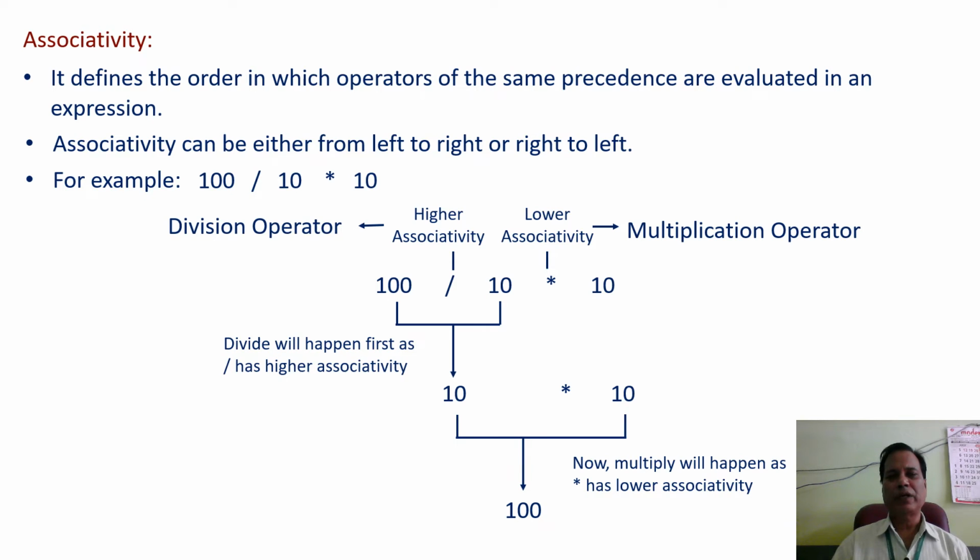So first we see the slash operator, that is the division operator, and then the asterisk for multiplication. So first we perform the division, that is 100 divided by 10, that results in 10, and then 10 is multiplied by 10, and finally we get the output as 100. So while solving this expression, we have to follow the associativity.